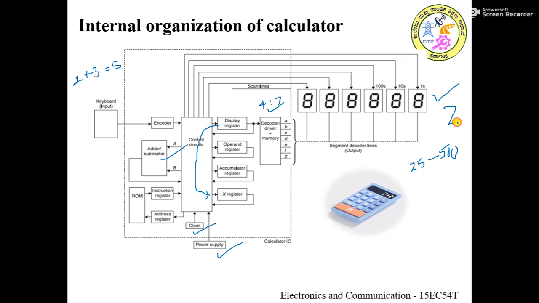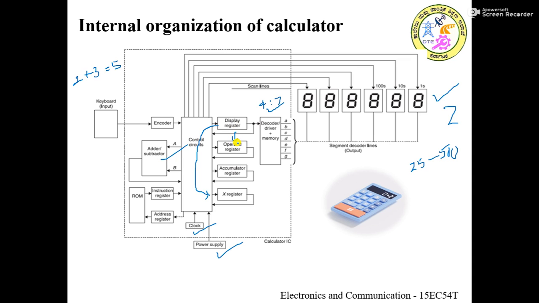After that, he enters the operation code, that is plus. The same thing is again encoded, and now the previous content of the display register, which was 2, is copied into the operand register.